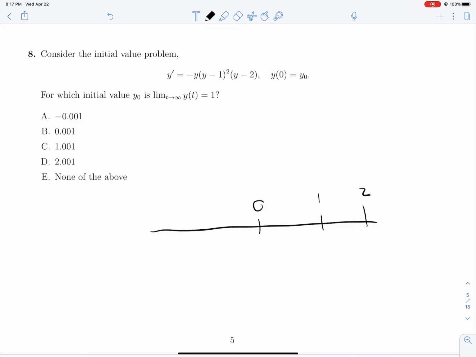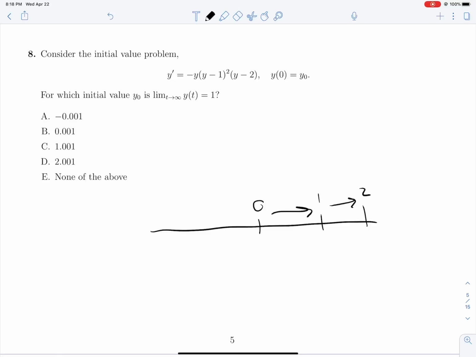Whenever you get something like this, where you have y minus or plus something, and then that whole thing squared, the nice thing is that's always going to be a semi-stable solution. That's why there's only one area that approaches 1 as t approaches infinity, because the other one will flow away from it.